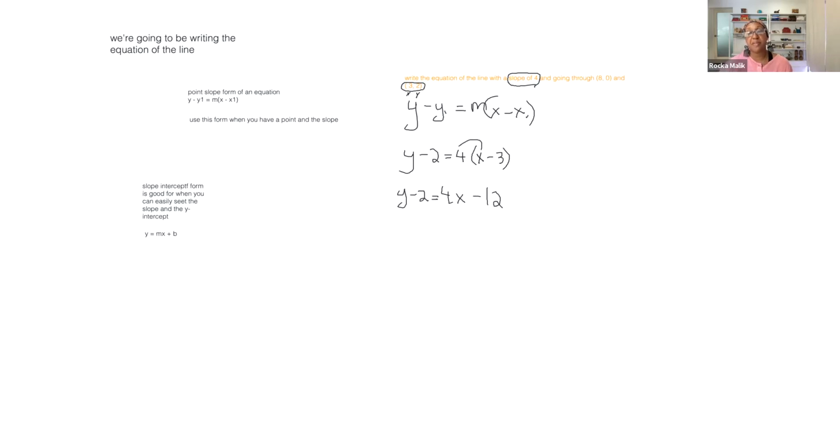And then I'm gonna be nice and leave this in slope-intercept form for somebody. So I'll take the minus 2 to the other side of the equal sign. And it'll become a plus 2. I have Y equals 4X.